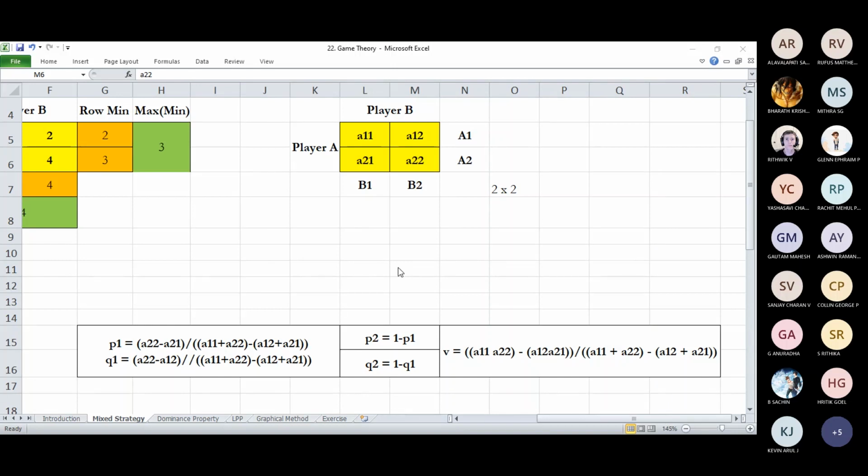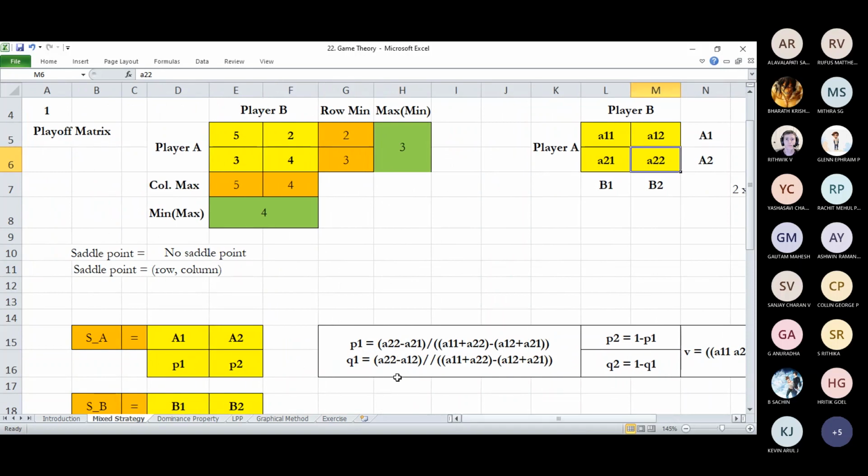All right, so let's make use of this formula to determine the outcome in case of this mixed strategy. So what we do is, this is the outcome of A, and this is A1 and A2. Remember this one, A1 and A2. And for B, we will be finding out B1 and B2, right?